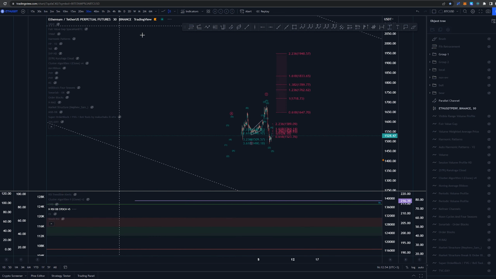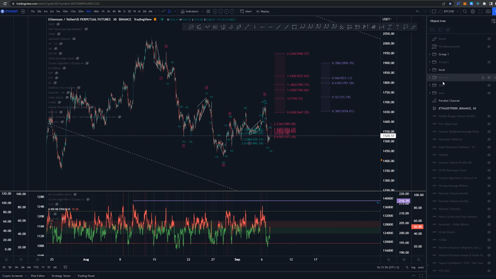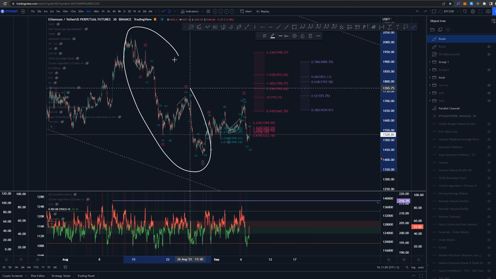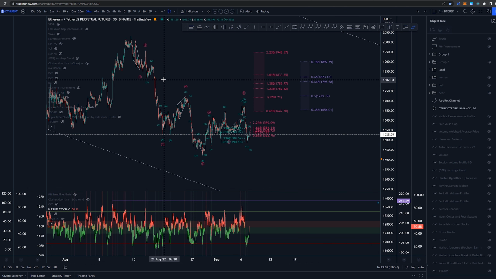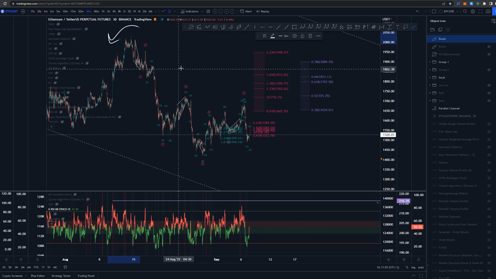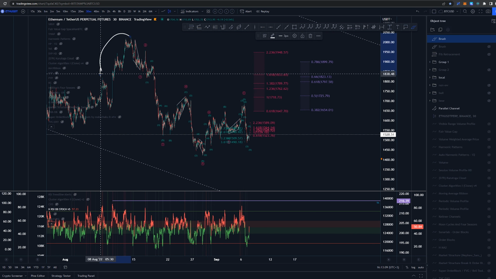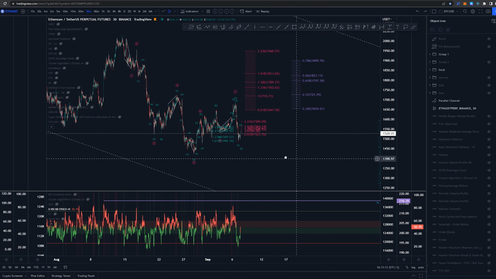Let's take a look. So if we are zooming out a bit, we had this as a 1, 2, 3, 4, 5. Now on Ethereum, this was not part of anything before it. I don't have a count in which this could be part of any previous structures, so that's why I'm still bearish overall.